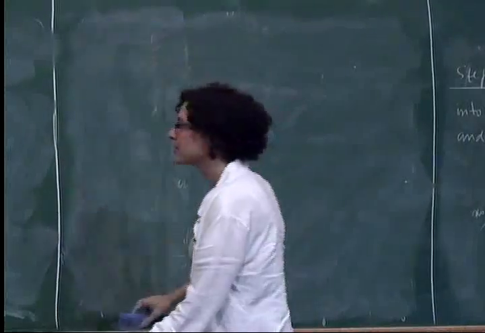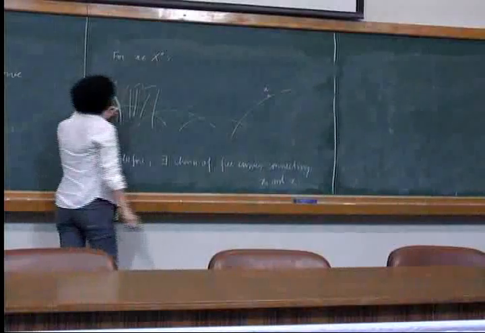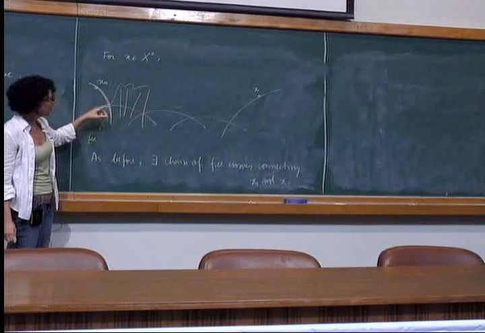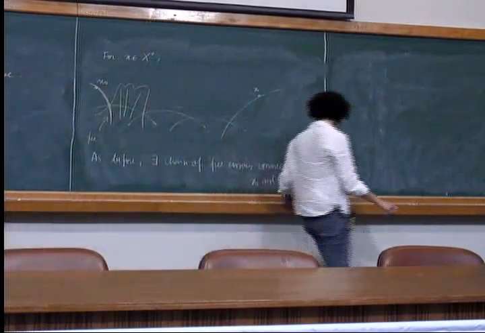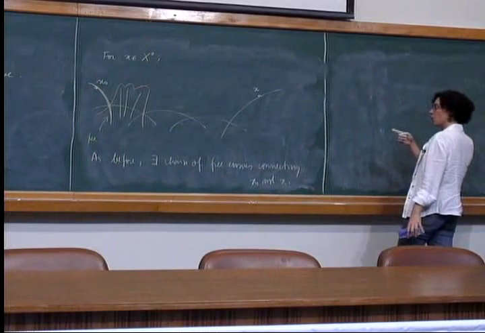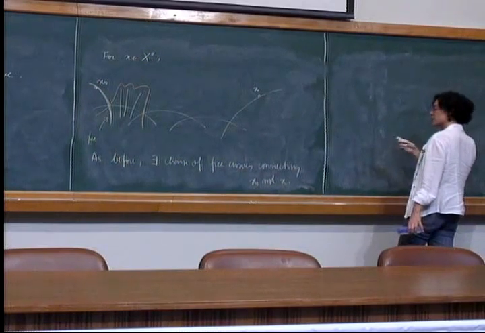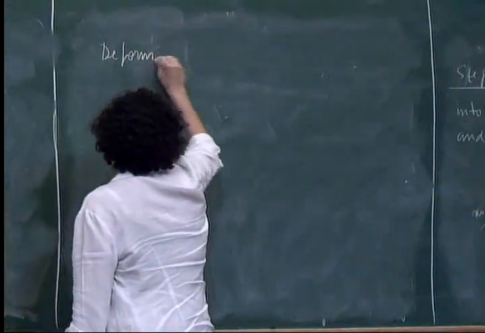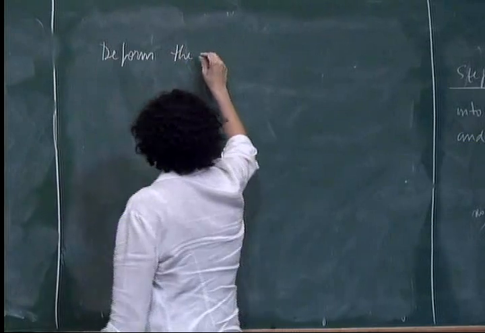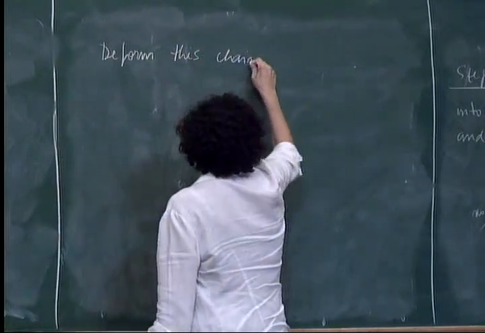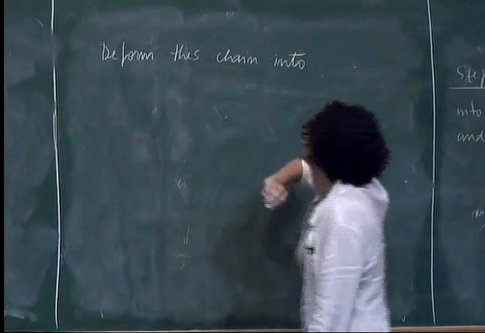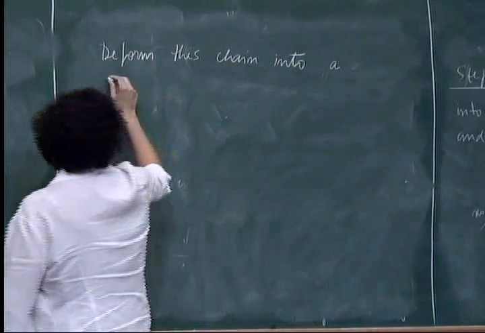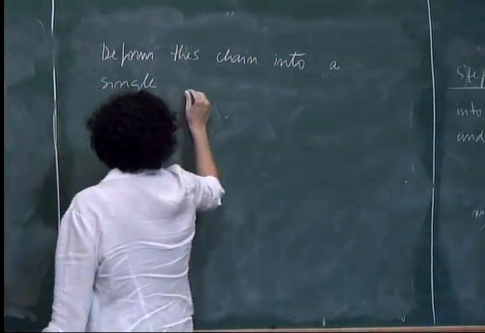Then the next step is again to deform this union of free curves into a single free curve. So we deform this chain into a single free curve.